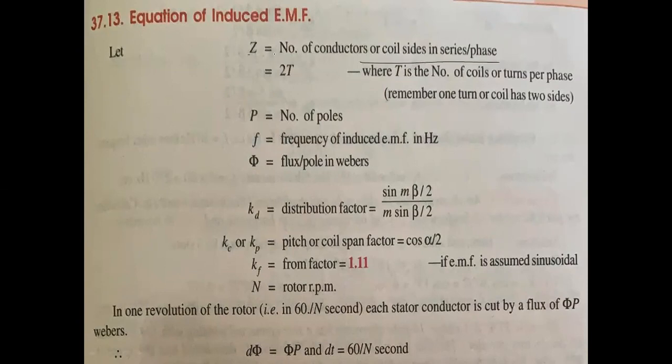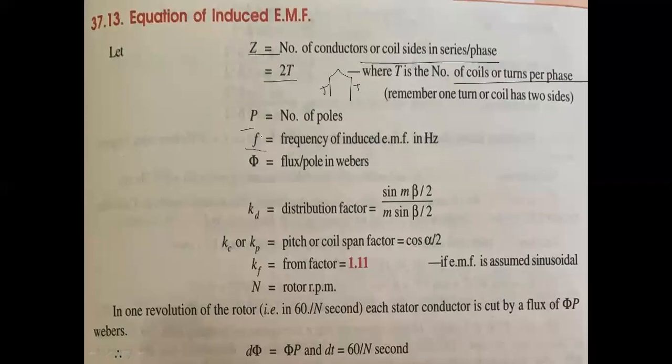Z is equal to 2T, where T is the number of coils or turns per phase. If you remember, one coil has 2 sides, so 1T and another T, so Z is 2T. P is the number of poles, which you all know.